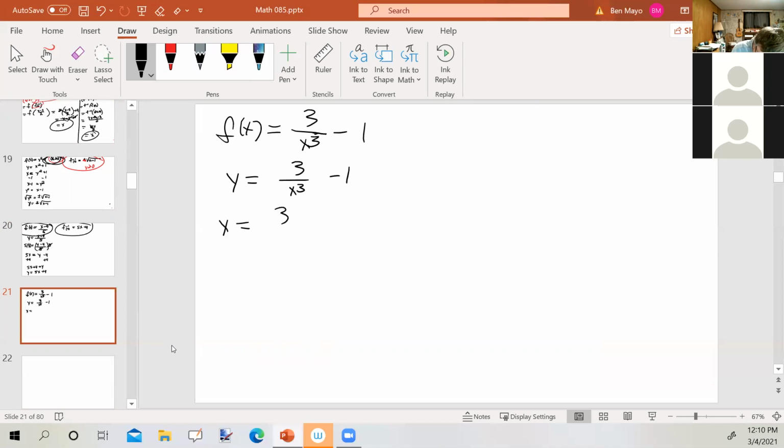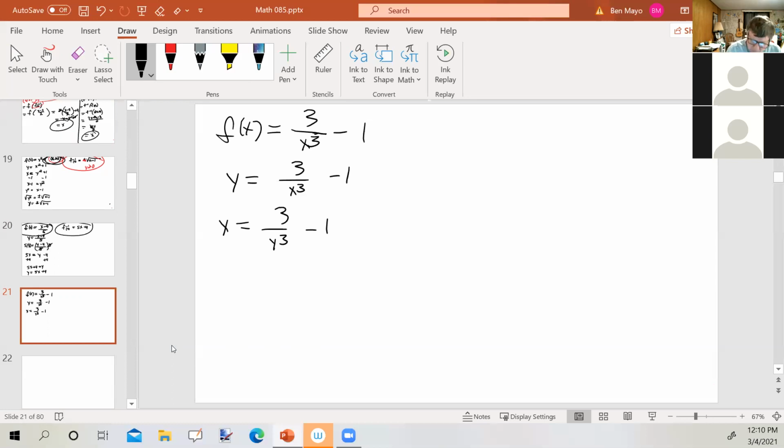So we get x equals 3 over y cubed minus 1. Step number 3, solve for y. Well, let's see here. Do you want to move the 1 over to the left first or multiply everybody by y cubed to clear the fraction? We can do it either way.